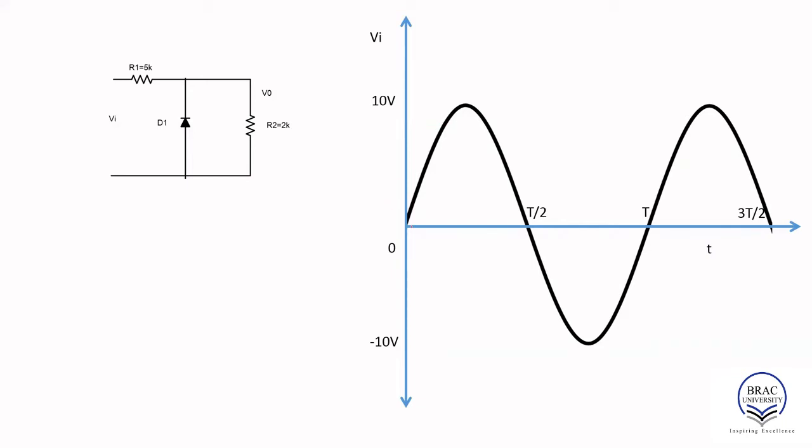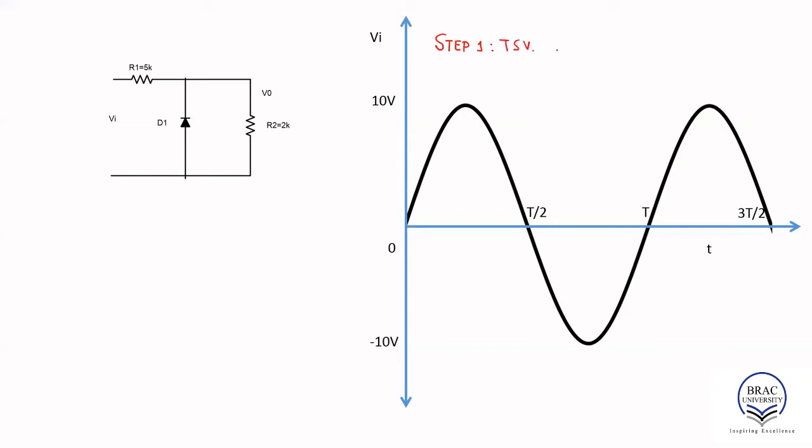So if this is our input signal, our amplitude of the signal is 10 volt. So that means the sine wave, the input signal, fluctuates between 10 volt and minus 10 volt. So step one would be to determine the transition state voltage.